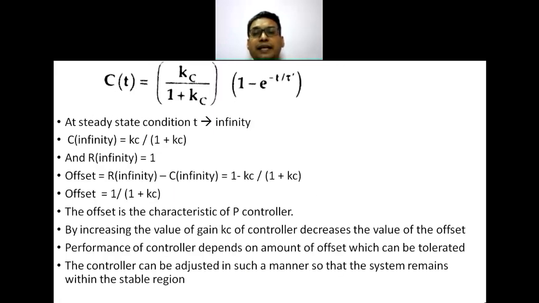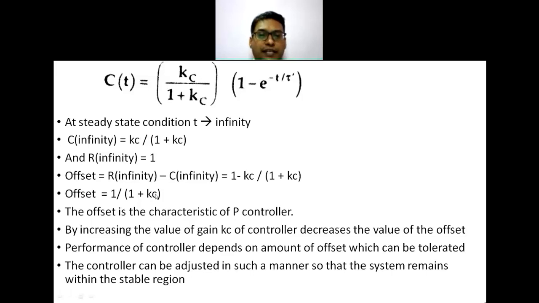Increasing the value of Kc, the controller gain, decreases the value of offset. So as I increase the value of Kc, the offset is going to decrease.